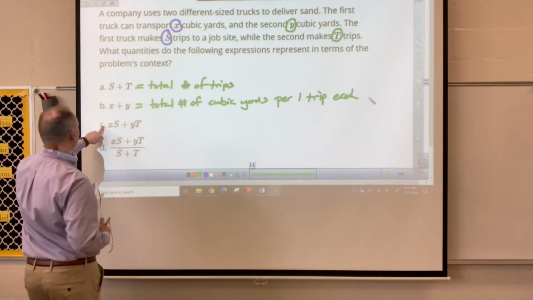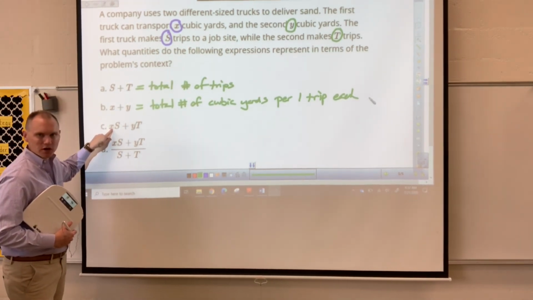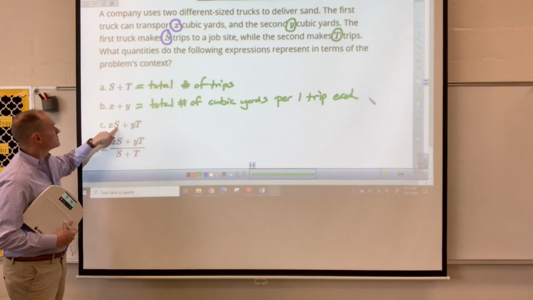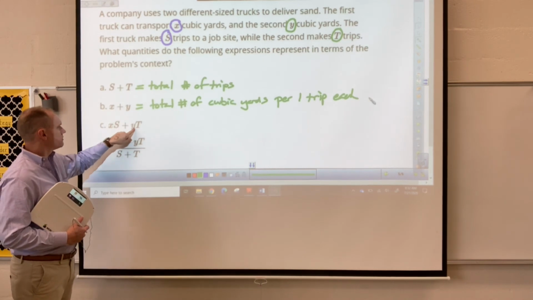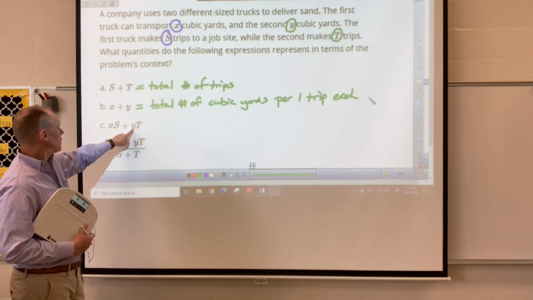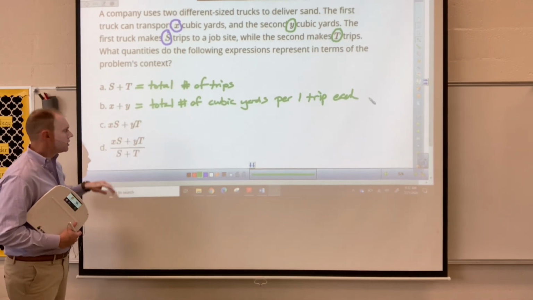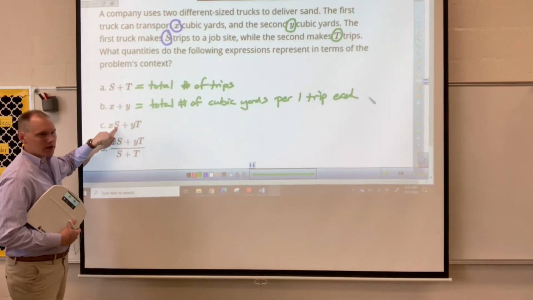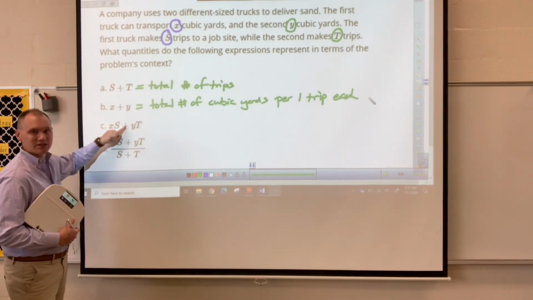All right, part C here, XS, so it's the number of trips the first truck makes times the number of cubic yards it takes, plus Y is the number of cubic yards the second truck takes times the number of trips. So basically, if we take 5 trips and 2 cubic yards each time, that's going to be 10.